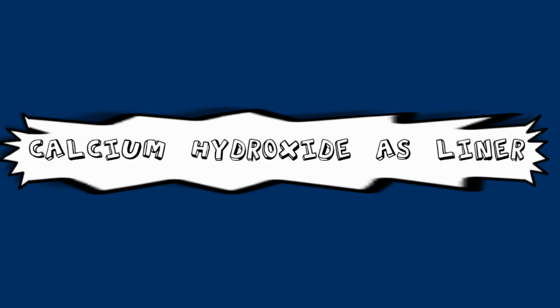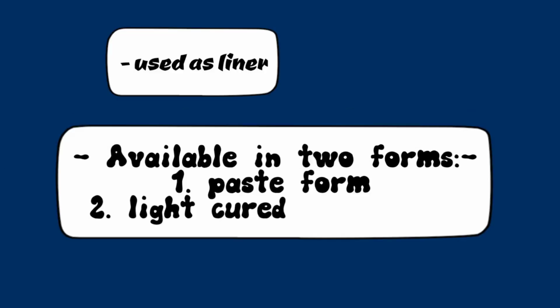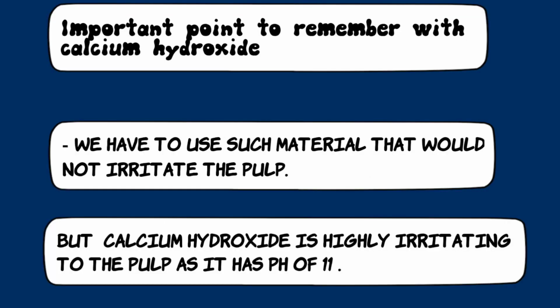So what is calcium hydroxide? It is used as a liner and is available in two forms. One is the paste form and the second is the light cure form. An important point to remember here is that we are talking about the protection of the pulp, and we have to use a material that would not irritate the pulp.